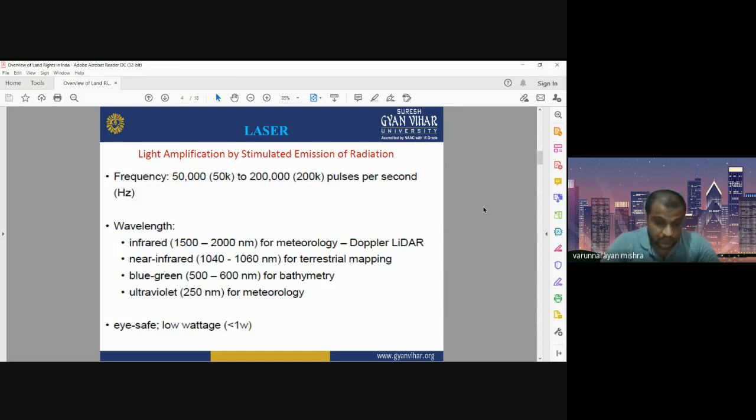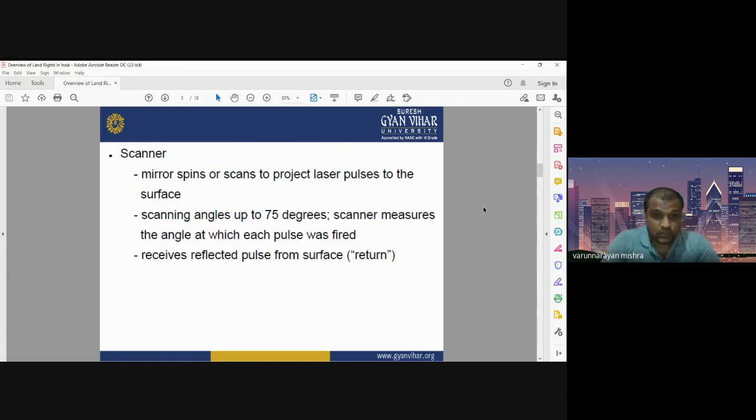This is the basic, and one of the widely used techniques to generate high intensity optical pulses, with a frequency around 50,000 to 2 lakh pulses per second. Now, the scanner: what does the scanner do, and what is its working principle?